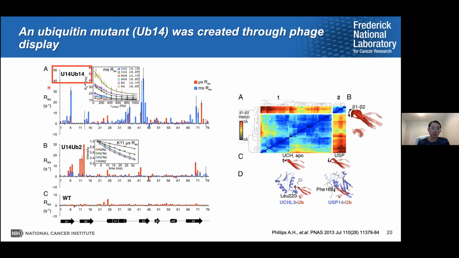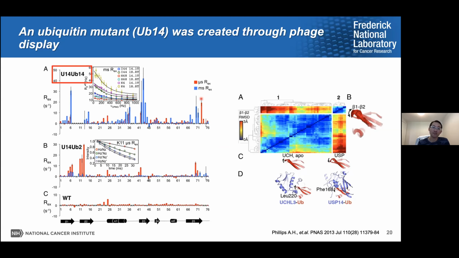This mutant ubiquitin has mutations on the beta 1 and beta 2 loop. Using phage display, they were able to select this unique mutant, which only binds to a certain deubiquitinase. So they call it UB14.